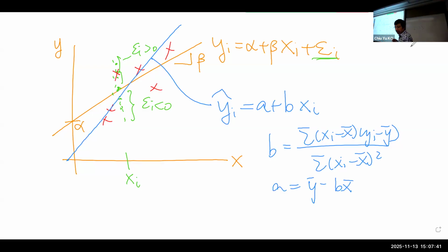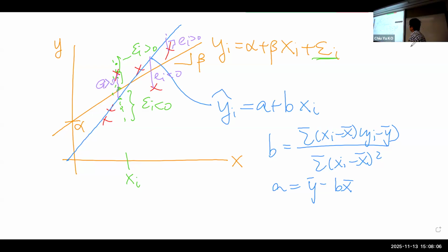But if you only do it once, each observation, this is ei. This is ei as well, and this is also ei. Of course, this ei is negative, this ei positive. This is called the residual.